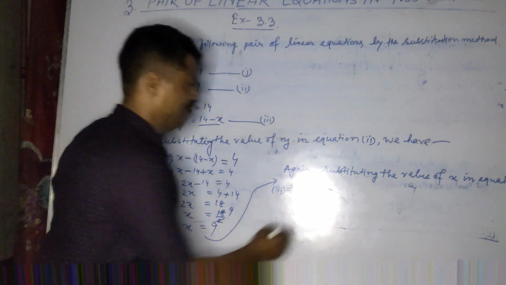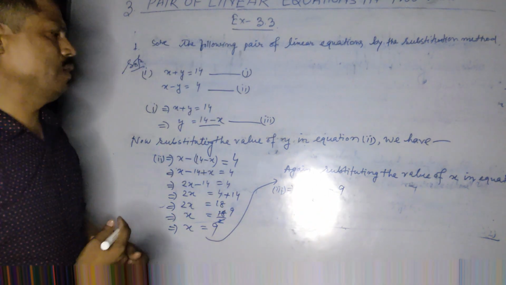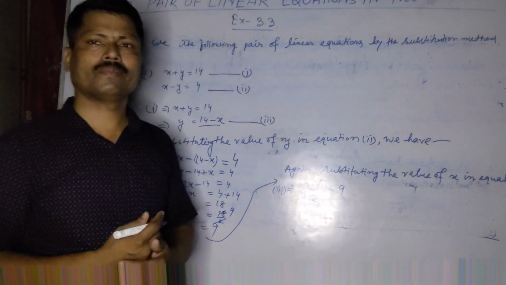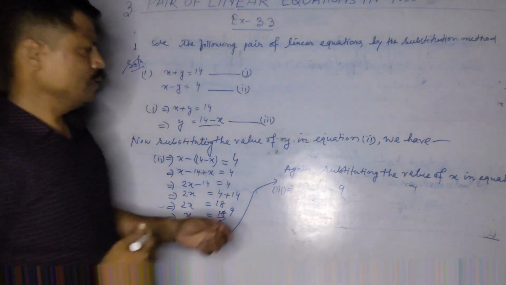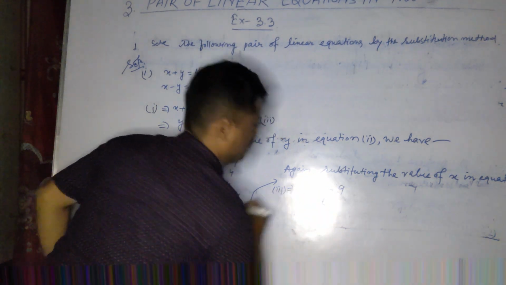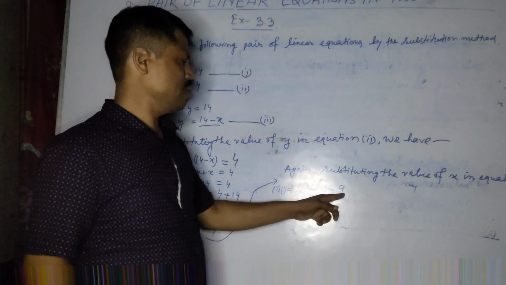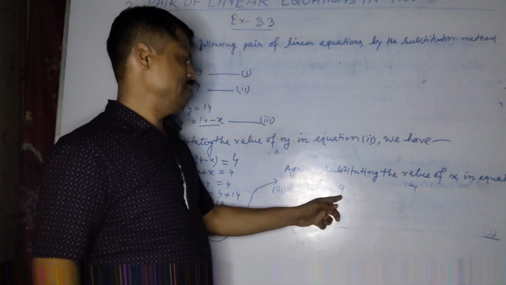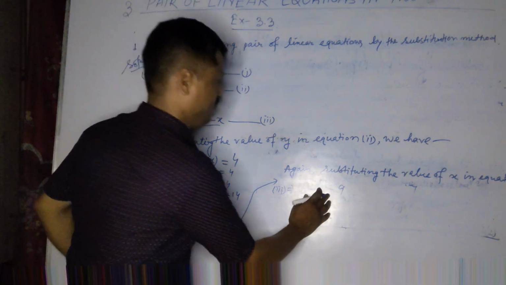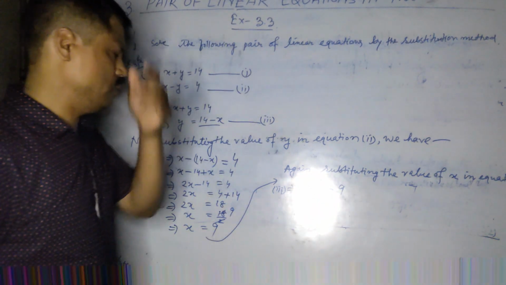X value is 9. So 14 minus 9, then what will be there? 14 minus 9 is 5. Yes, 5. So 14 minus 9 is equal to 5.